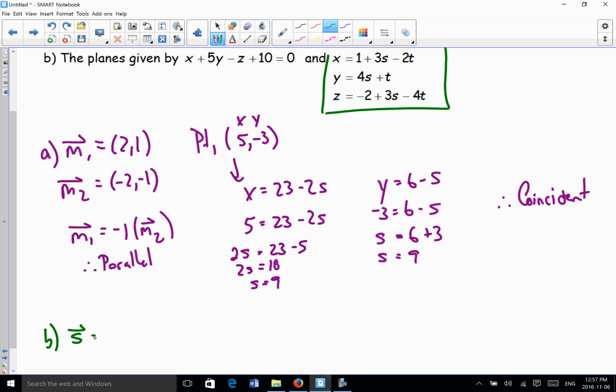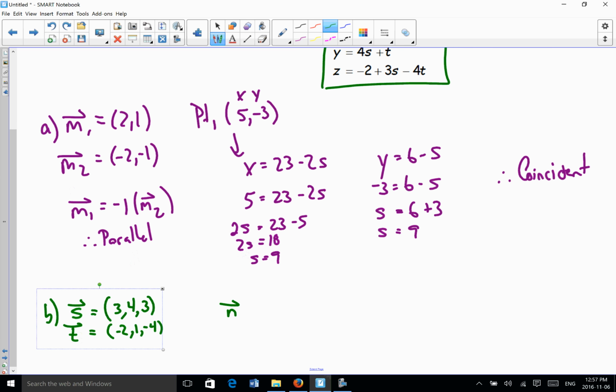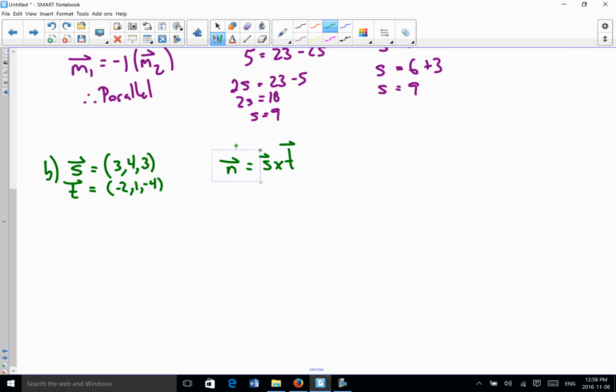We'll call it S, which would be x is 3, y is 4, and z is 3. And we'll call the other one T. We get -2, 1, and -4. And now we can figure out our normal. So our normal is S cross T. So 4, 3, 3, 4, 1, -4, -2, 1, and that's cross.